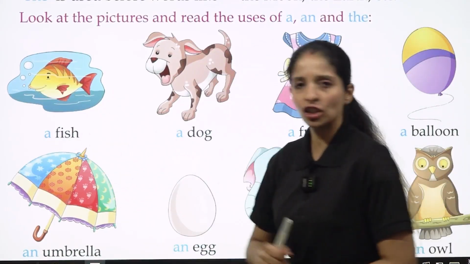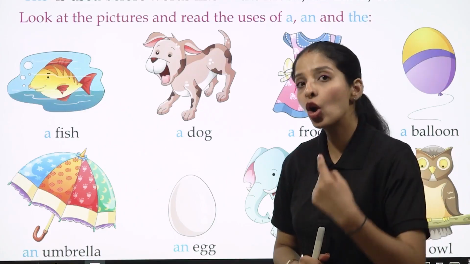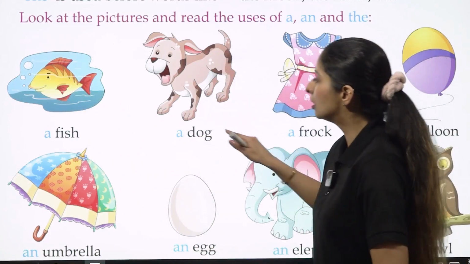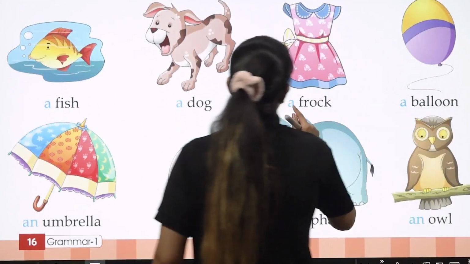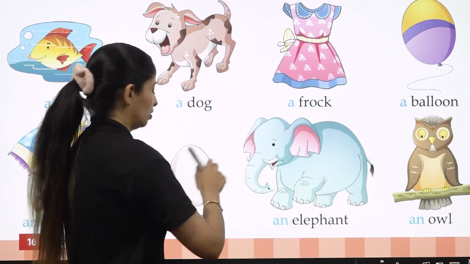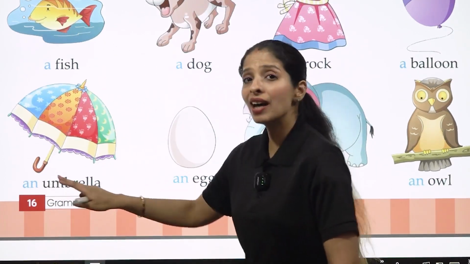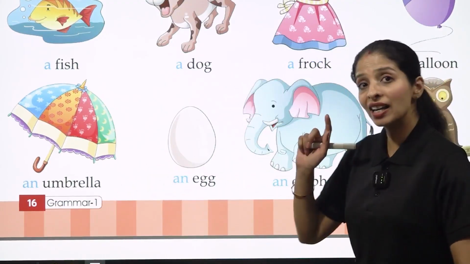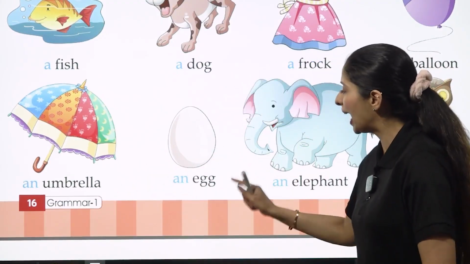A fish. F is a consonant, so a fish. A dog. A frog. A balloon. Now, U is a vowel, an umbrella. E is a vowel, an egg.